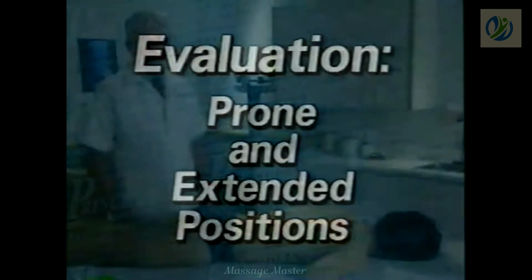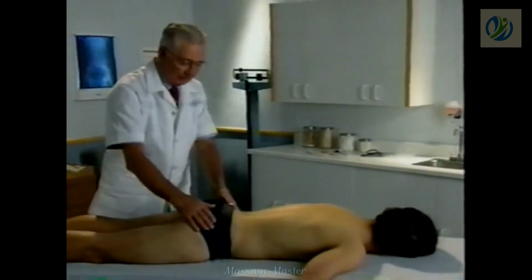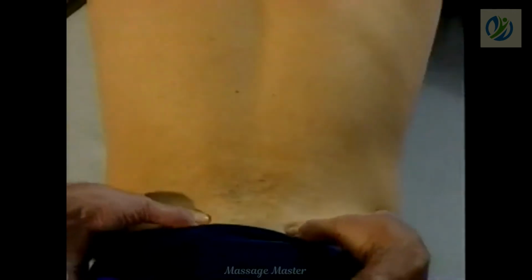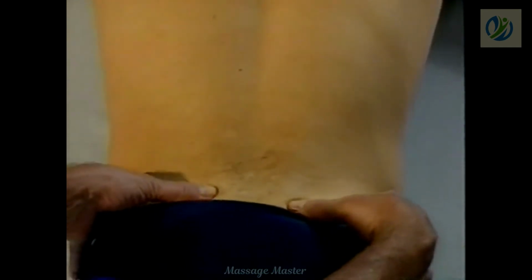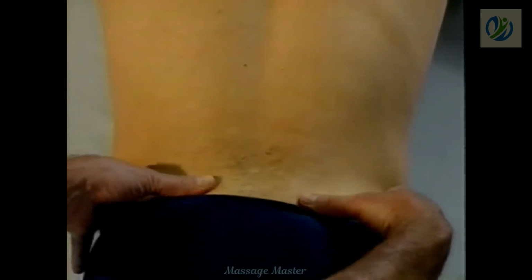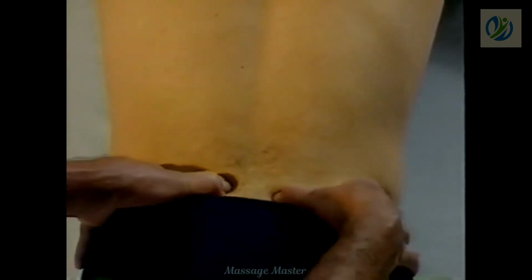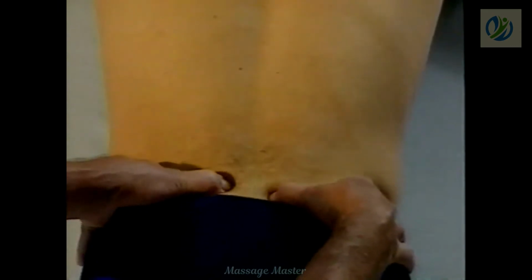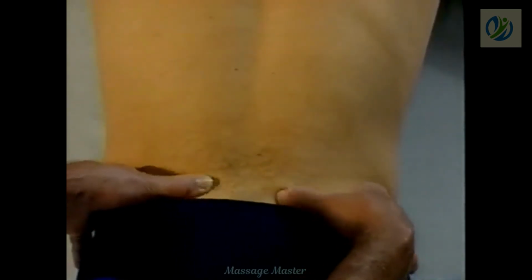Proceeding with the evaluation of the lumbar spine, we now have our patient prone on the table with their feet over the end of the table, and we identify L5 again by finding the posterior aspect of the posterior superior iliac spine, moving medial, ventral, and a little cephalward, and we drop into the posterior arch of L5. Now in the neutral position, it is level against the coronal plane.